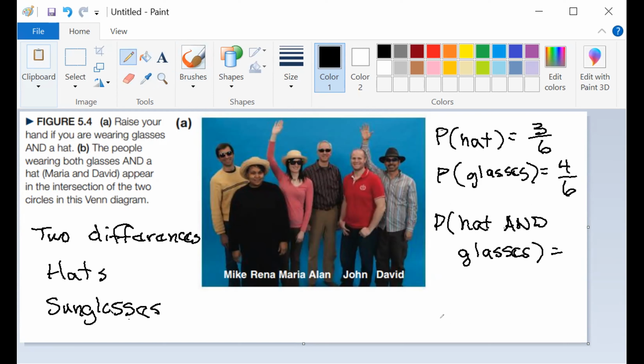Here we've got a hat and sunglasses. I forgot the little caption here tells us that the people raising their hands have hats and sunglasses on. So there are 2 people in the event, and there are 6 in the sample space. So 2 out of 6 is the probability that someone is wearing glasses and a hat.